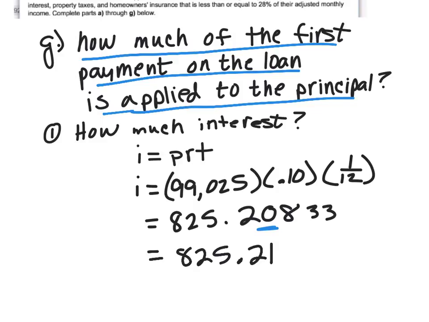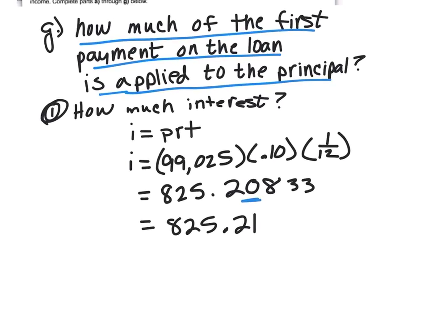Oh yeah, so remember back here, step 1 is we had to find the amount of interest, and we did that using the simple interest formula. But the question says how much of the first payment on the loan is applied to the principal. So remember from back when we did part A, part A asked us to find, oh no, that's not true. Which part?